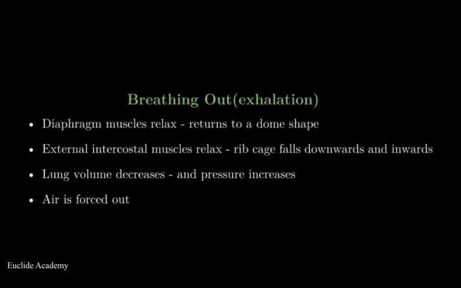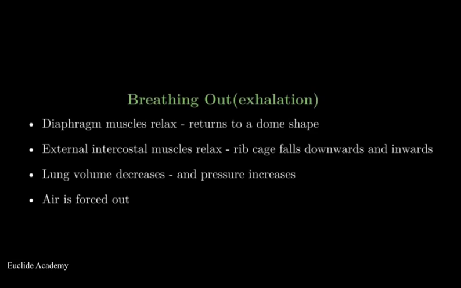The muscles are going to relax, and they're going to return to a dome shape, and the external intercostal muscles are going to relax. The rib cage is going to fall downwards and inwards, decreasing the volume, and pressure increases, which forces the air out.